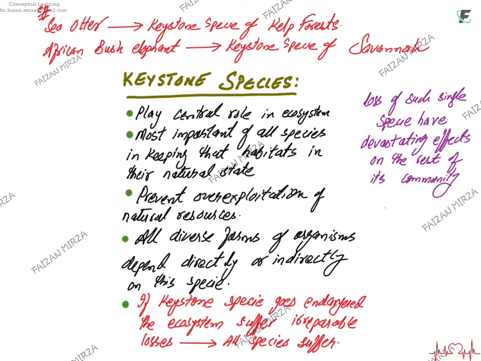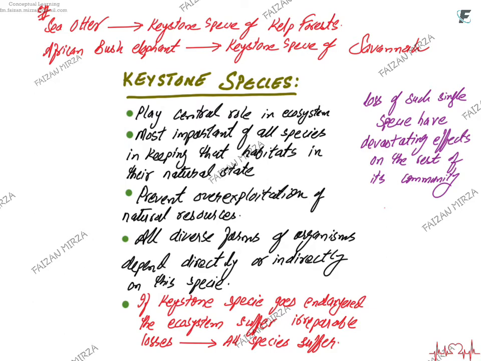So what happened? All diverse life forms depend directly or indirectly on the keystone species in that ecosystem. Some ecosystems have one keystone species, some have more than one. If the keystone species goes endangered because of human activities, several species go endangered, and the ecosystem suffers irreparable losses.